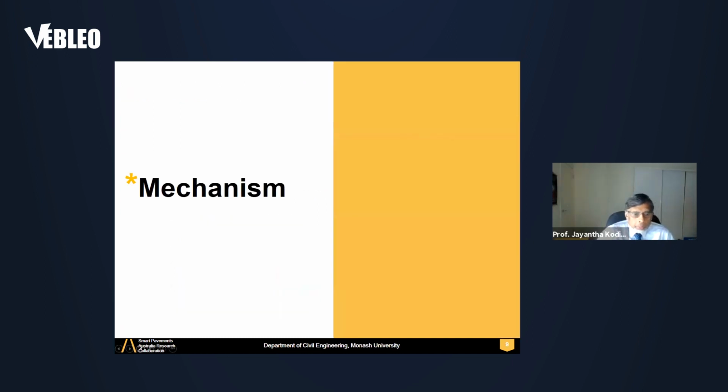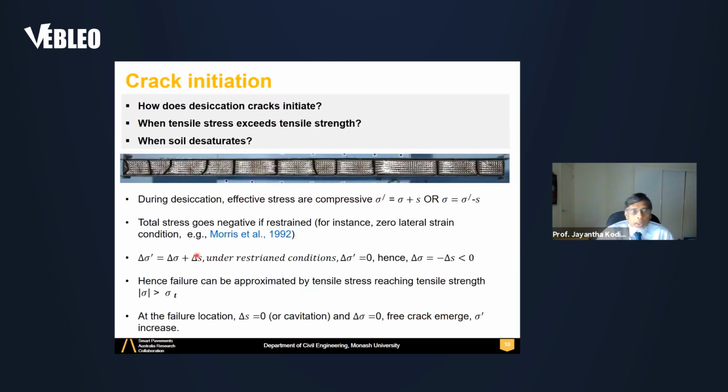So, mechanism. What's the mechanism for fracture formation? How do desiccation cracks initiate? Is it when tensile stress exceeds the tensile strength that fractures initiate in desiccation? We mentioned that there is no strain if the full restraint is applied; you won't observe any strain when the cracks happen.